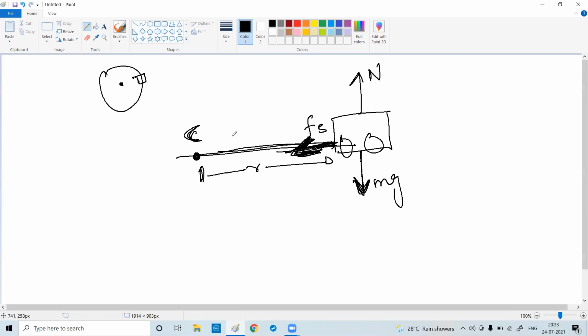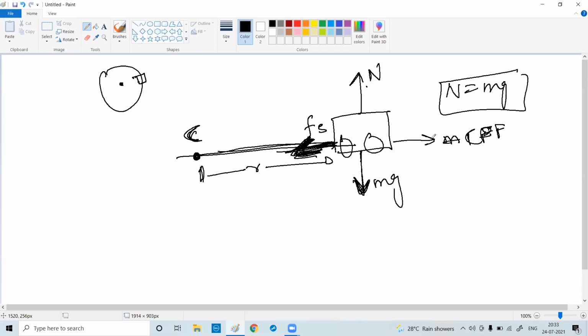Is it clear? Now you know very well that N is equal to mg. Why? Normal reaction is always equal to mg. And this static friction is actually opposite to the centrifugal force. Why? The force which is exactly opposite to the static friction is the centrifugal force.